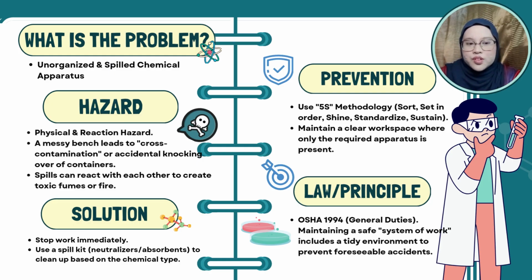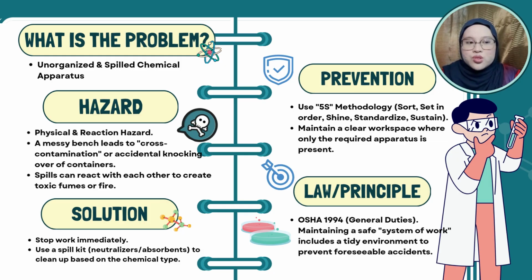The solution for this problem is, first, you need to stop work immediately. Second, use a spill kit, which has a neutralizer or any adsorbent, to clean up based on the chemical type. For the prevention, we must use the 5S methodology, which is sort, set in order, shine, standardize, and sustain.